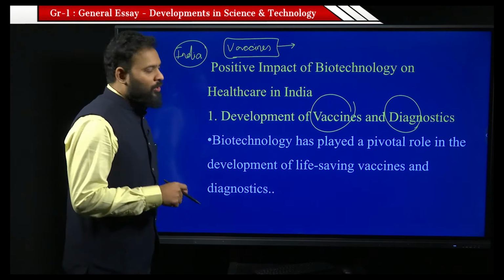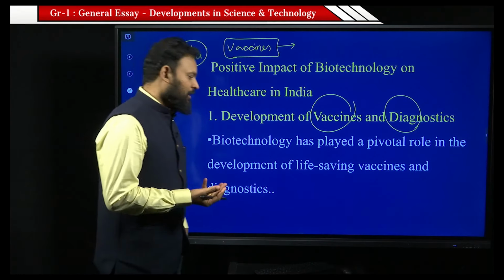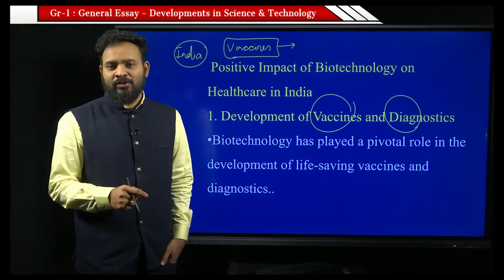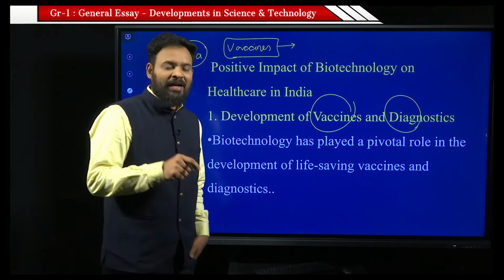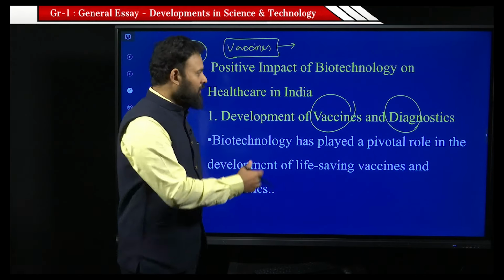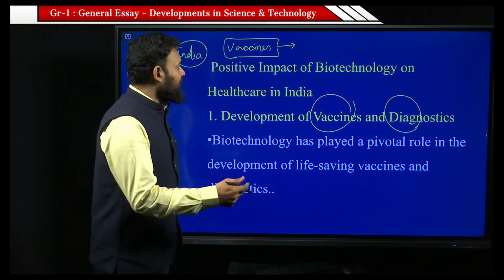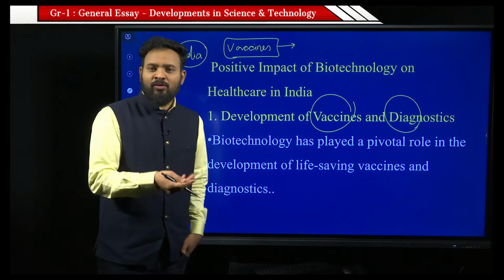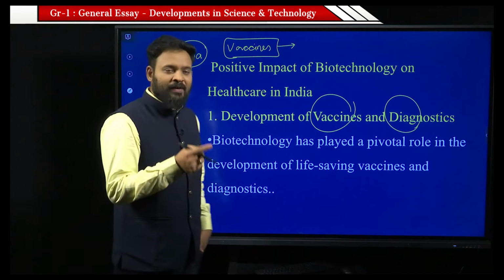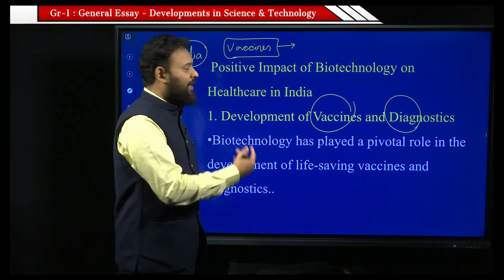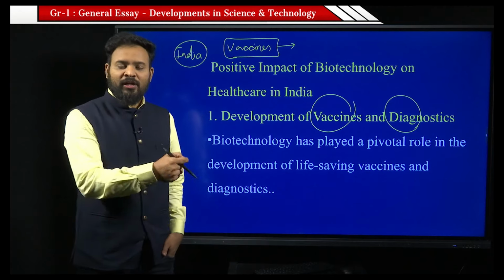But because India is already ahead in the process of research in biotechnology, we were able to create these COVID vaccines, and even other vaccines. We were successful not only in producing these vaccines at a faster rate to help India, but we also exported them across the world, to poor countries.